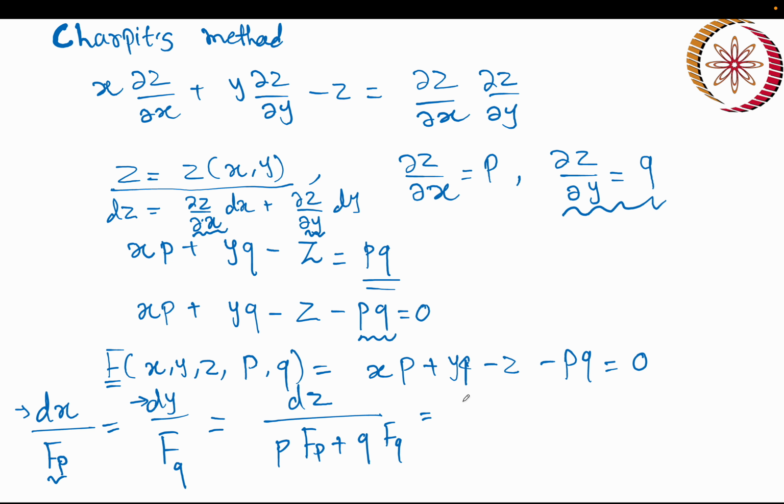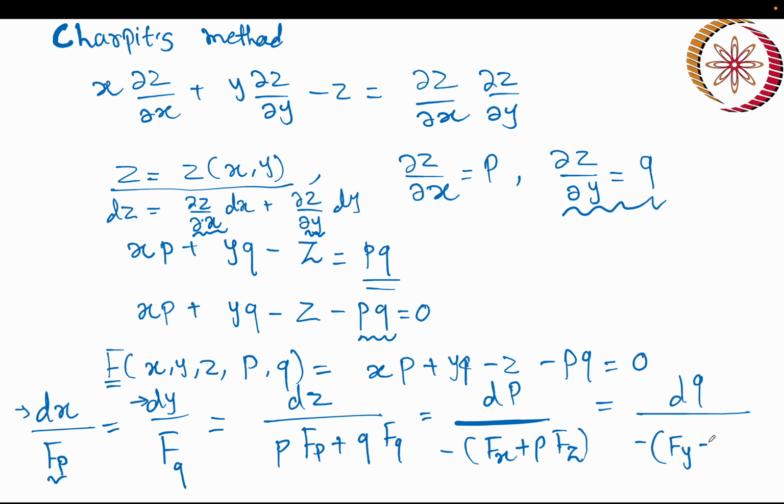Okay, and the last two terms will be related to dp and dq, and those are minus (fx plus p fz) and minus (fy plus q fz). Okay, so you can see that p corresponds to the derivative with respect to x, so this has the x derivative, and p also corresponds to x, so that has come. I'm just telling how you can remember this equation.